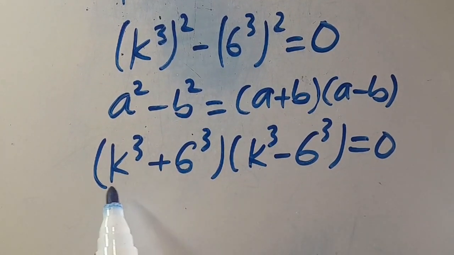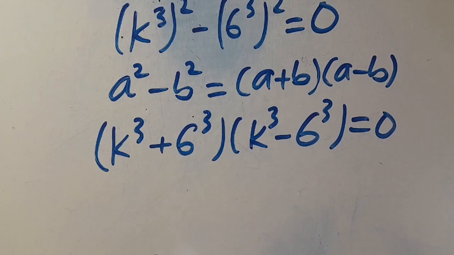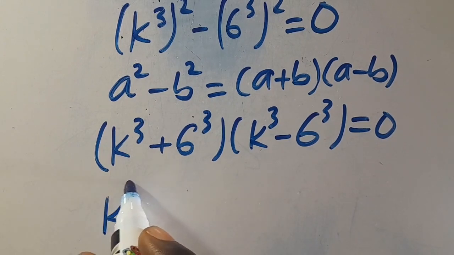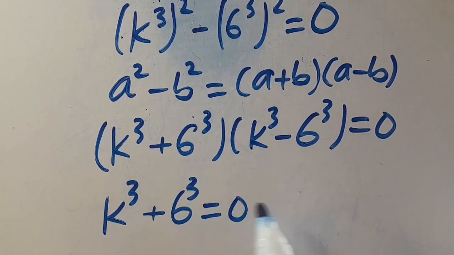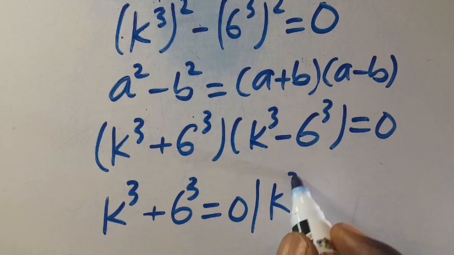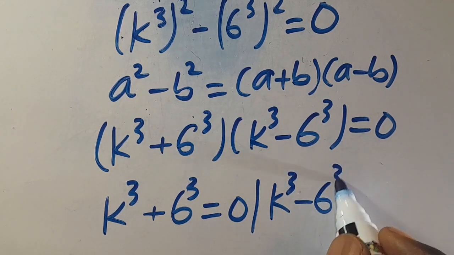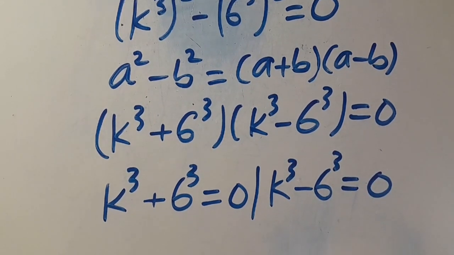Now, for this particular expression to be equal to 0, either we have k to the power of 3 plus 6 to the power of 3 equals 0, or we have k to the power of 3 minus 6 to the power of 3 equals 0.